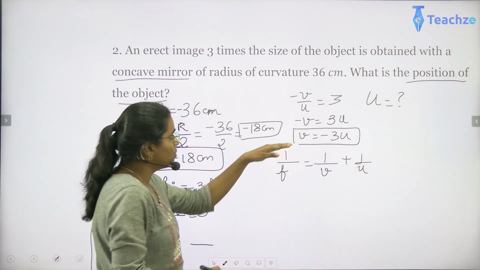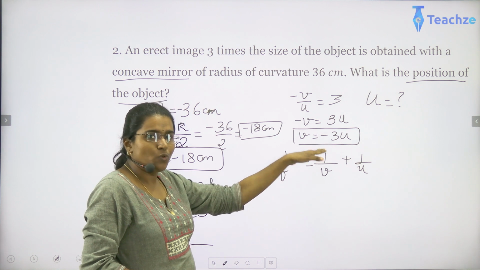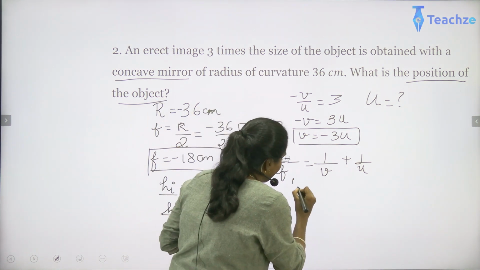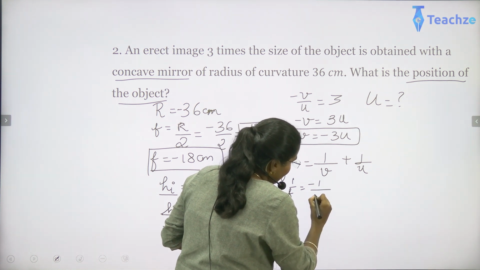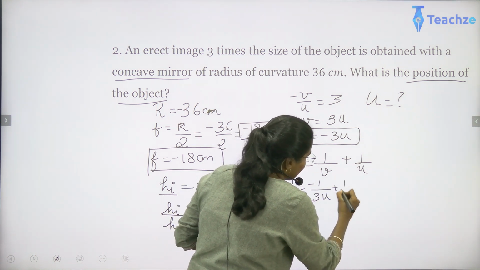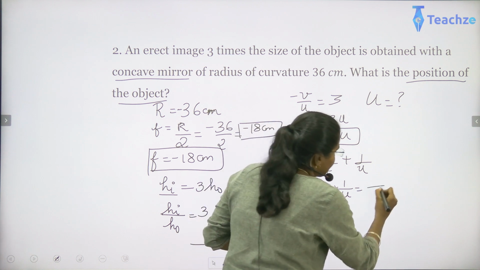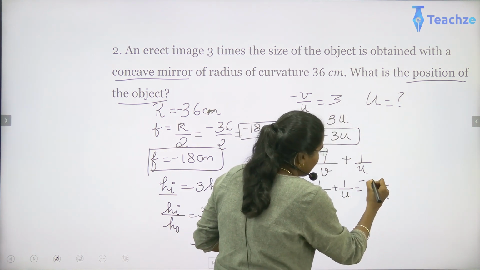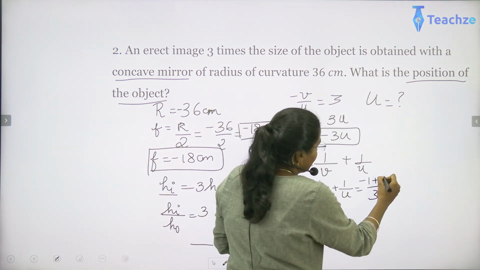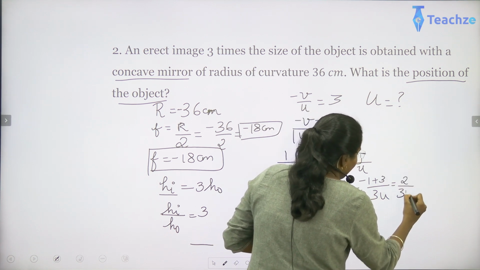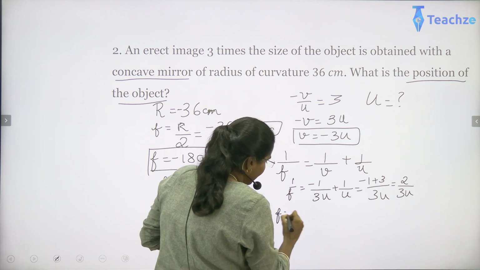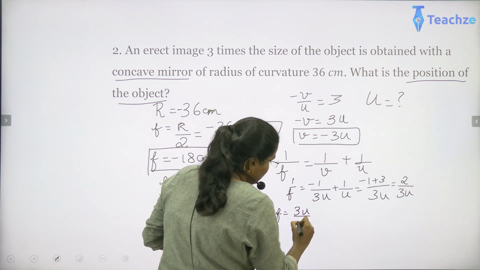We will now substitute minus 3u for v. So 1 by f is equal to minus 1 by 3u plus 1 by u. When you take the LCM, 3u will be the LCM, minus 1 plus 3. It will be 2 by 3u. So your f will be 3u by 2.